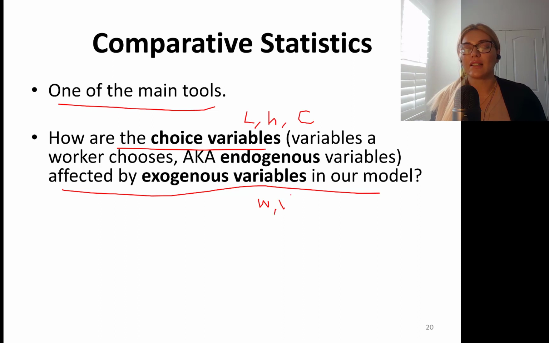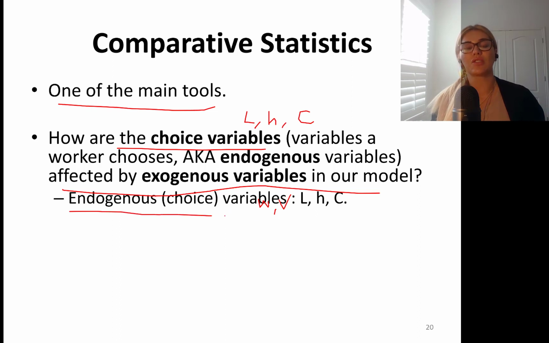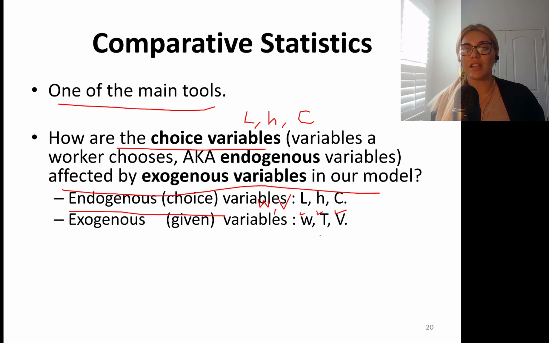Wage rate, this one. So the endogenous variables, the choice variables I choose, are leisure, hours of work, and consumption. Exogenous or given variables are wage rate, total time you have, and your non-labor income. So we're going to see how changes in the exogenous variables are affecting your choices.